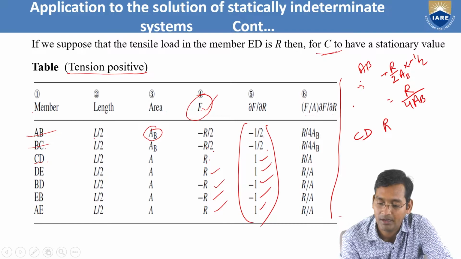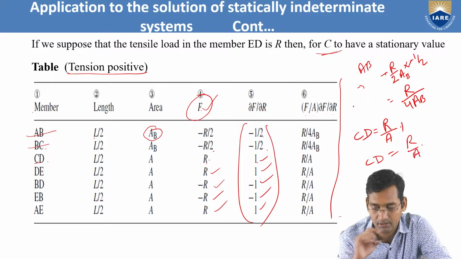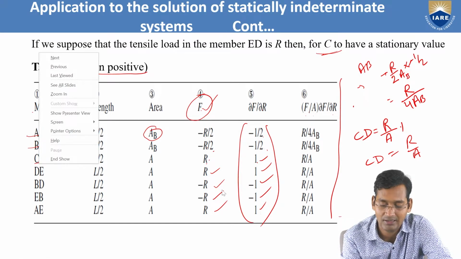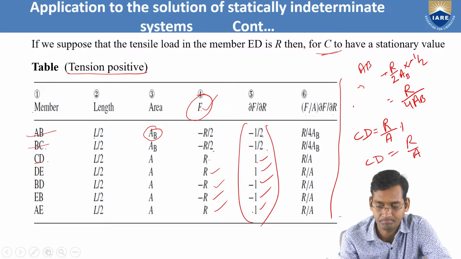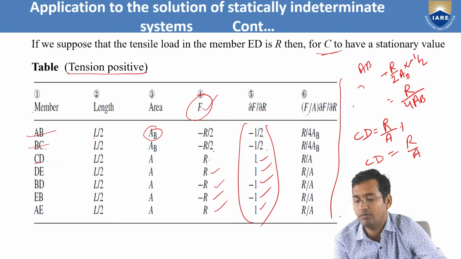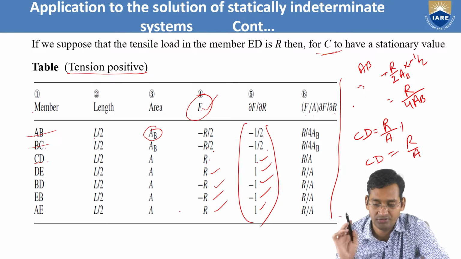R by A into dou F by dou R. Dou F by dou R is how much? 1. So 1 means for CD it's R by A. So see here, CD R by A. Like that only we can find all the values here in this table, F by A into dou F by dou R. So now this table is ready.